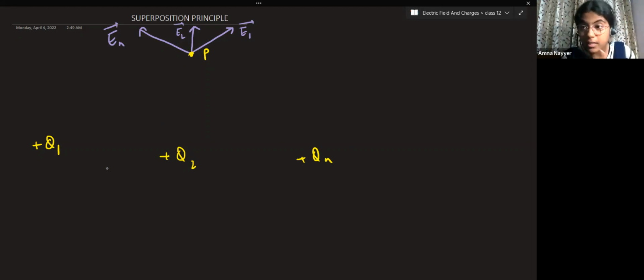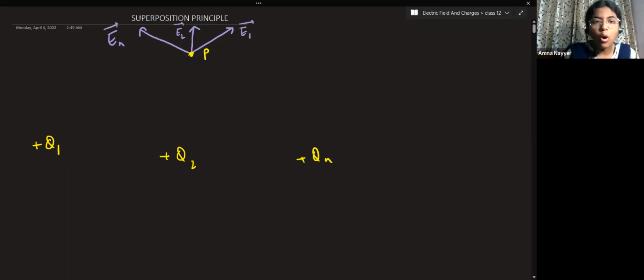See, the direction of every electric field is different, and whenever we have vector quantities, we have to keep in mind the magnitude as well as the direction. So if you cannot add them directly, when can you add any vector quantity directly? If all these are aligned together, parallel to each other, making an angle of 0 degrees. But these charges might be making some angle, 120 degrees, 60 degrees, or any angle.